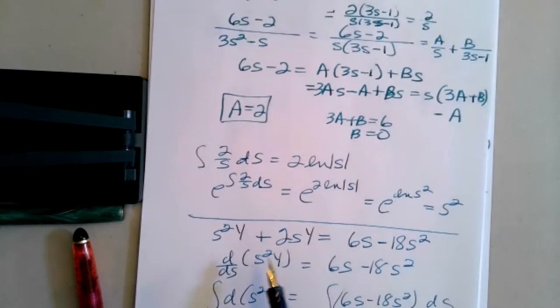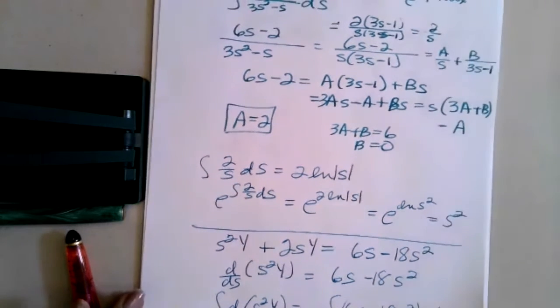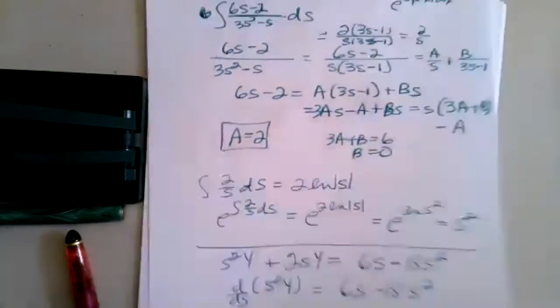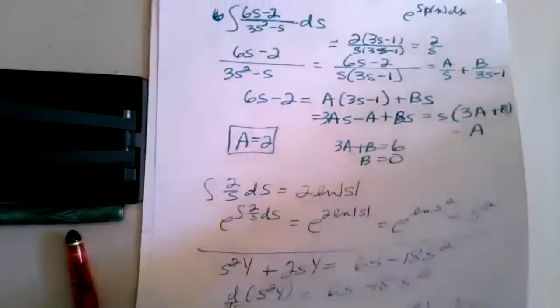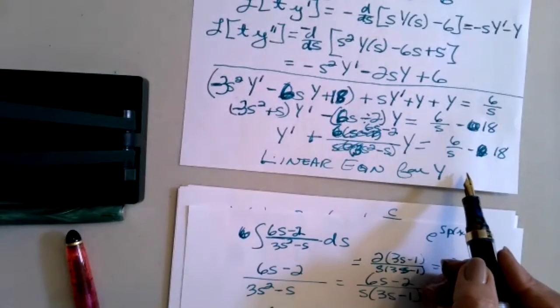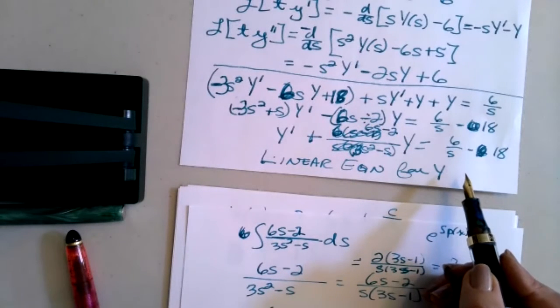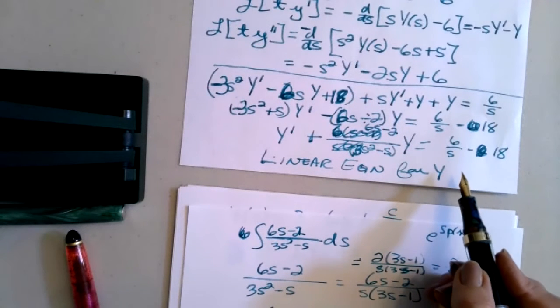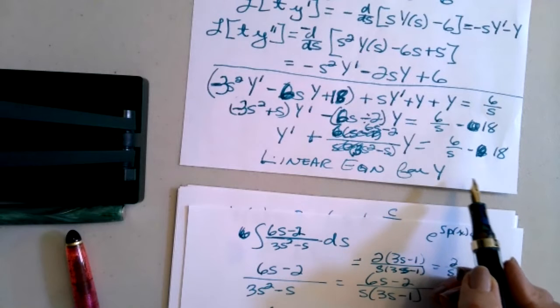So we got the equation and we got down to our ODE. Let's see, where was the other sheet? Okay, so our ODE is y prime plus 2 over S times y is equal to 6 over S minus 18.